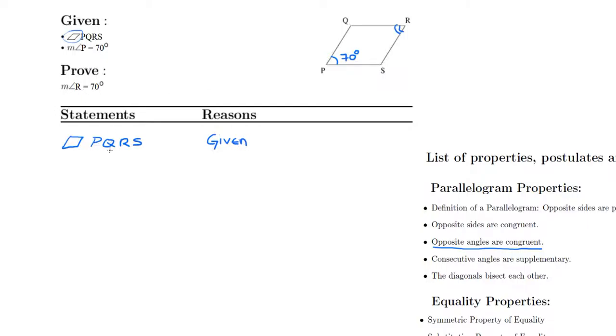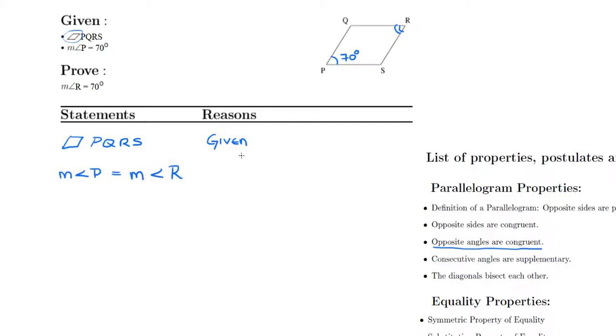Now, what statement can come out of the fact that PQRS is a parallelogram? Well, this one right here: the opposite angles are congruent. So that means that the measure of angle P is equal, or congruent, to the measure of angle R.